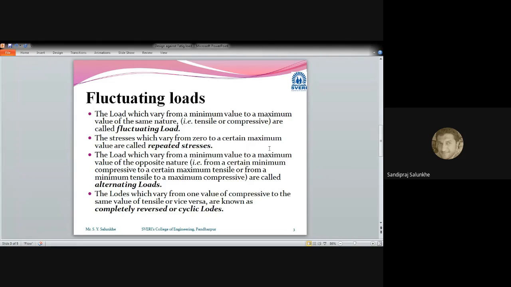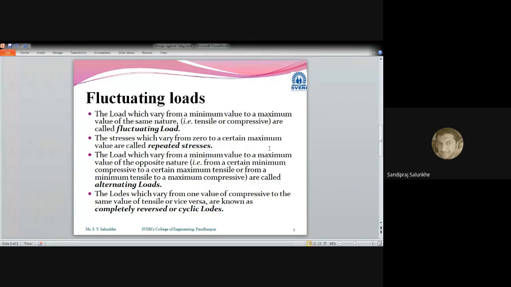So fluctuating force or fluctuating load is nothing but the load which is changing its quantity and nature also. Nature means, if it is tensile, it may change to compression. So load or force which is changing its nature or quantity, we can say both, that type of loads or forces are called fluctuating forces.